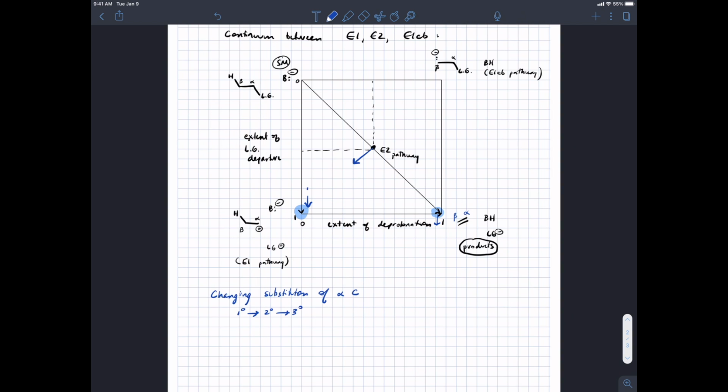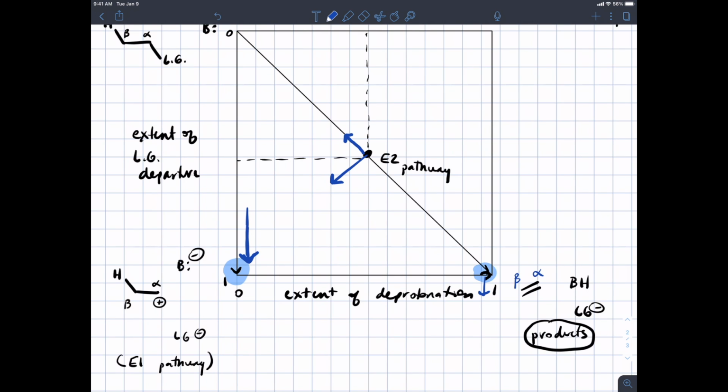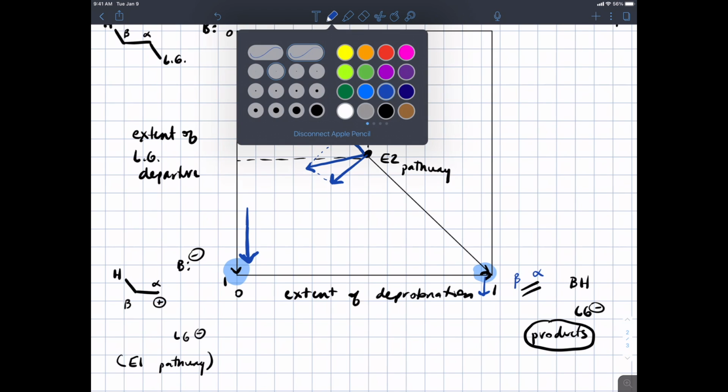Let's say for the moment that, because carbocations should be a little bit more sensitive to substitution than products, alkenes should be, simply because carbocations are less stable. So let's imagine this kind of change. Now we get to do some fun vector math. So what does this do to our new transition state?